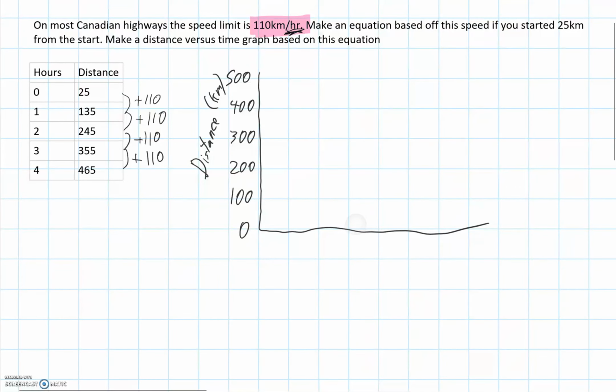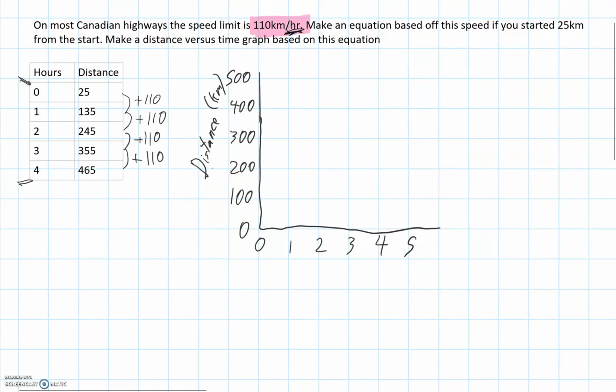This is the convention. You always have capital letters for titles, and you always have the units for the axes. And we are going to show the hours. So 1, 2, 3, 4. We'll label 5 just for posterity.